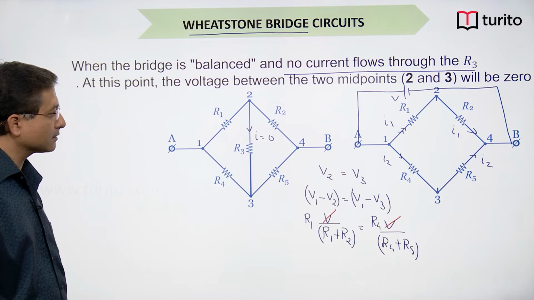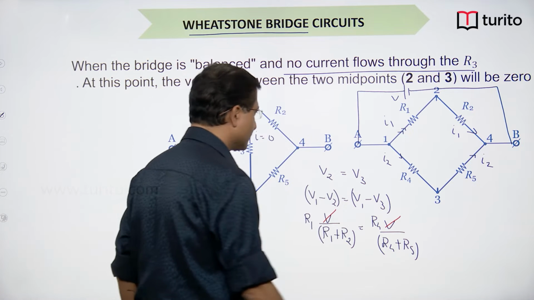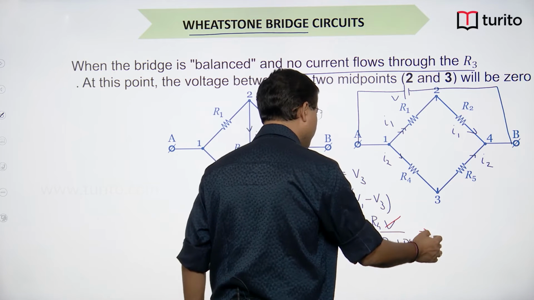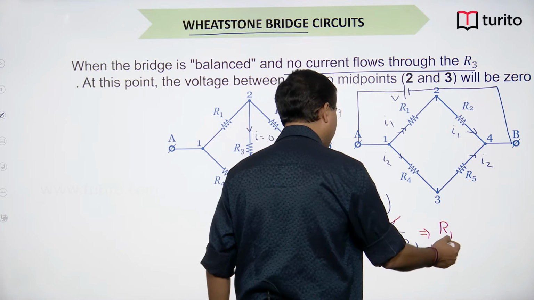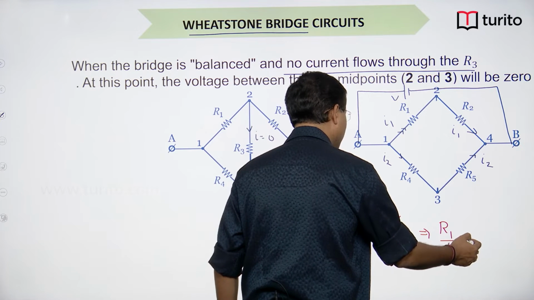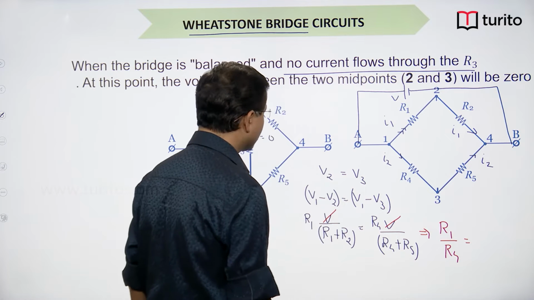Potential will get cancelled out, and if I simplify, what I am getting is R1 divided by R4 is equal to R2 divided by R5.